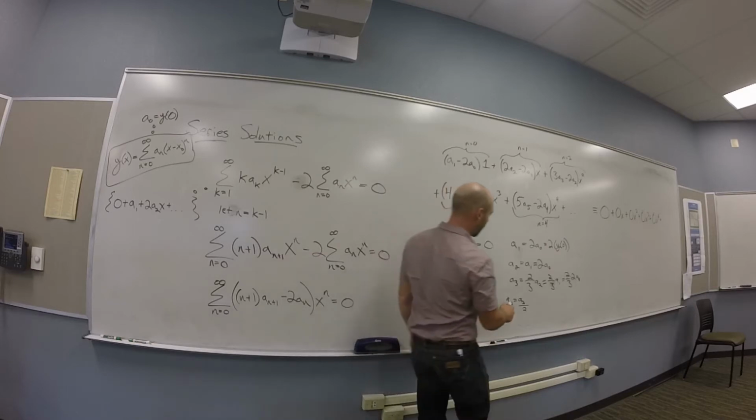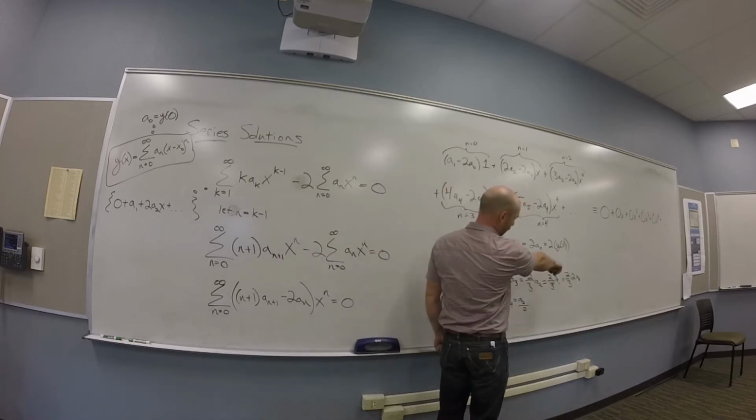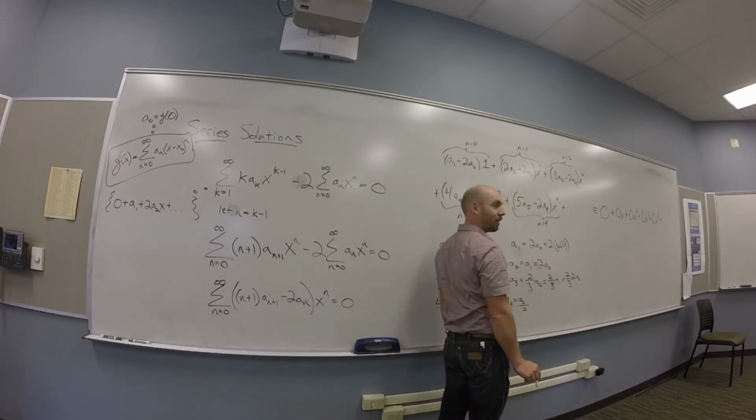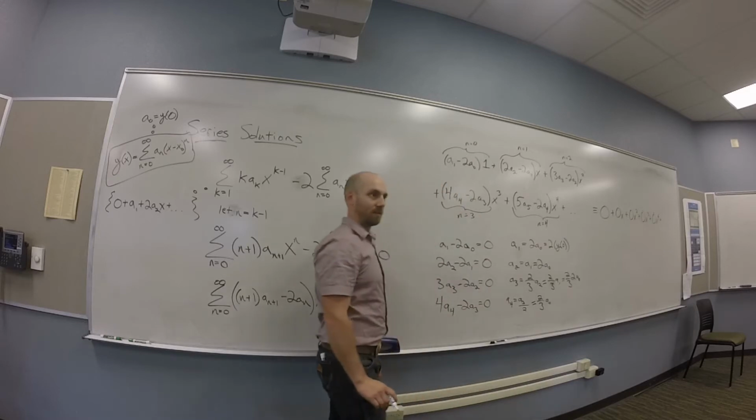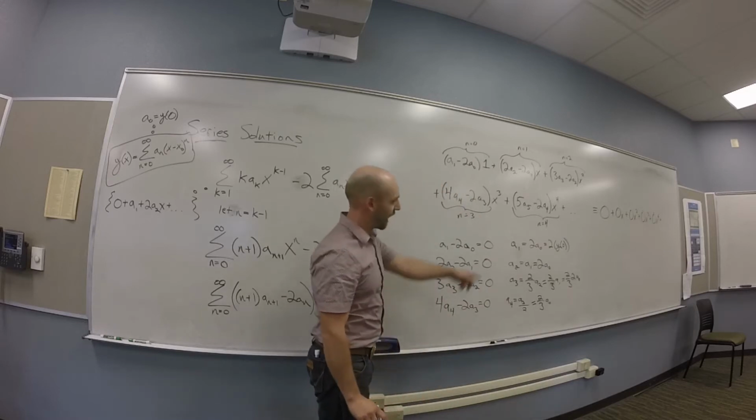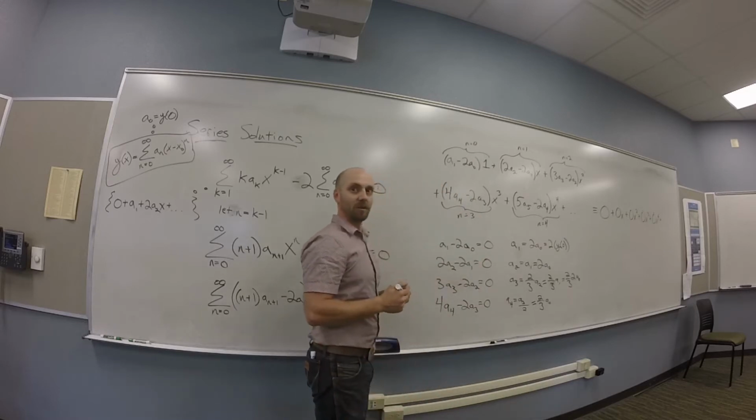And then you're going to be like, oh, hey, wait, I know what a3 was. a3 was 4 over 3 a0, right? So that's a half of 4/3 of a0, which is 2/3 a0.